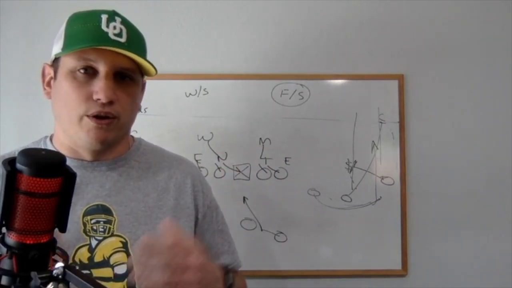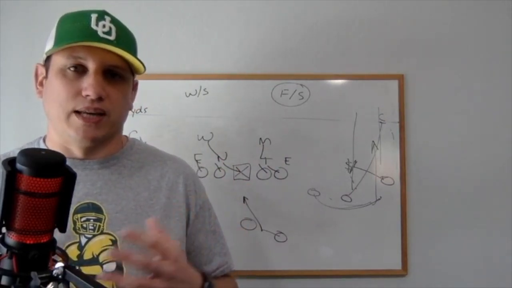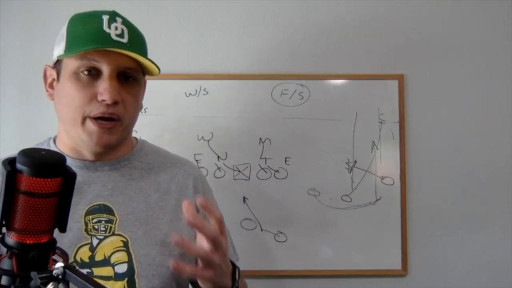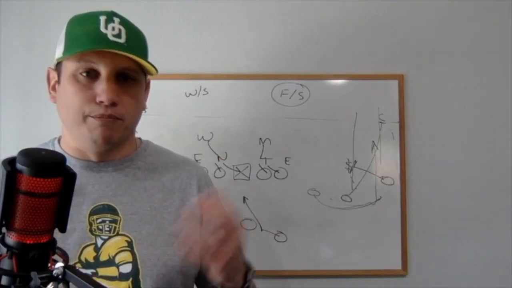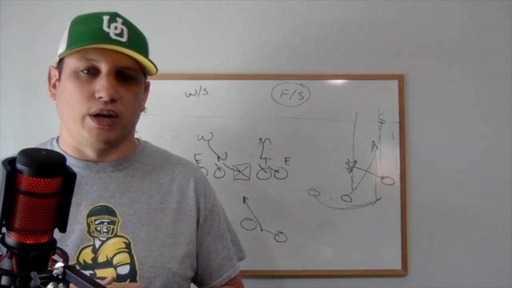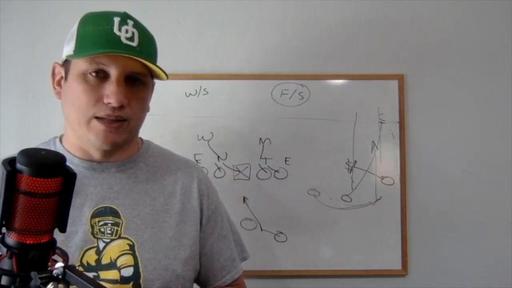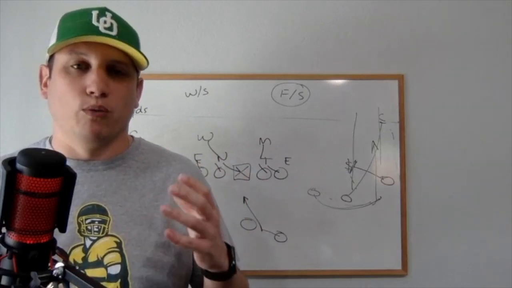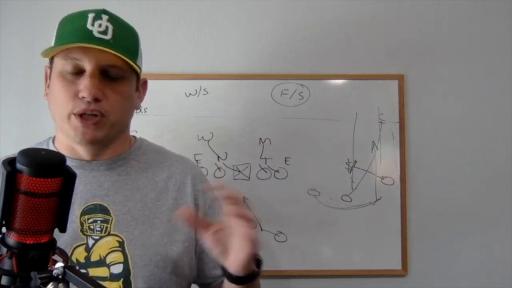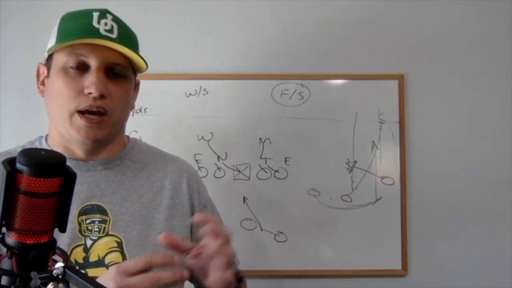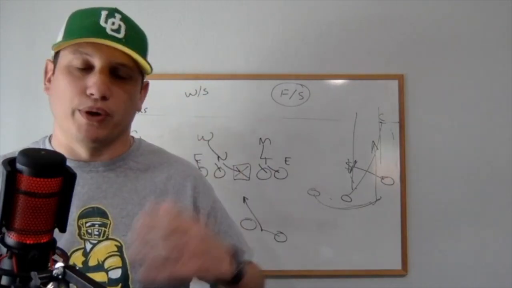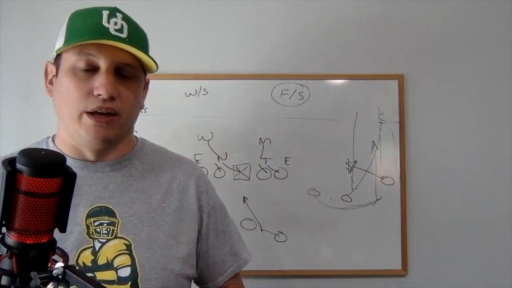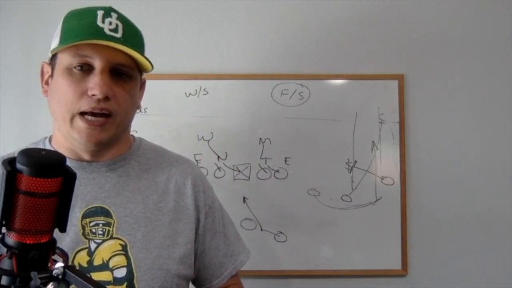But really, they're not. It's a lot of simple concepts from a lot of different formations and personnel and motions, and really they're getting to what they're really good at. And that's what it's all about when you're running this kind of offense: knowing what you're really good at and having a bunch of different ways to get to it. And that will make it look like it's super complicated to a defense. And I think Notre Dame found that out last week in that game.